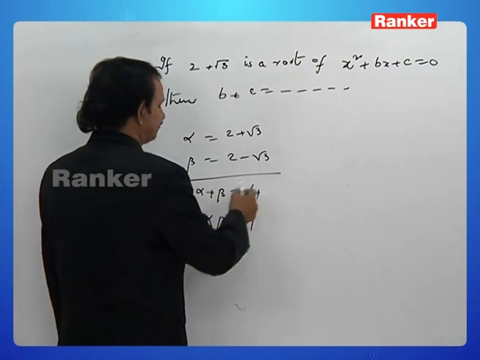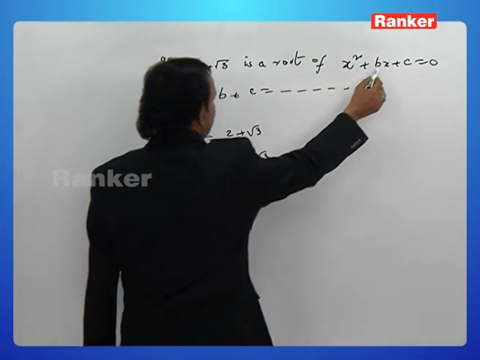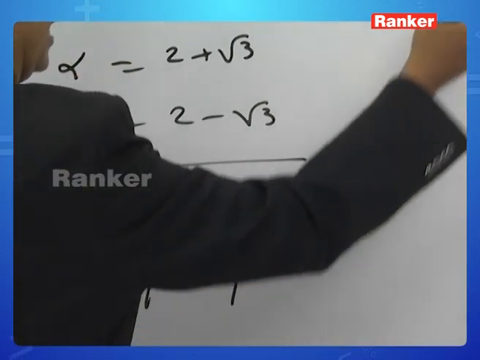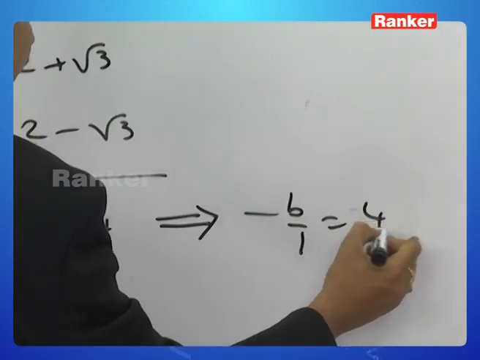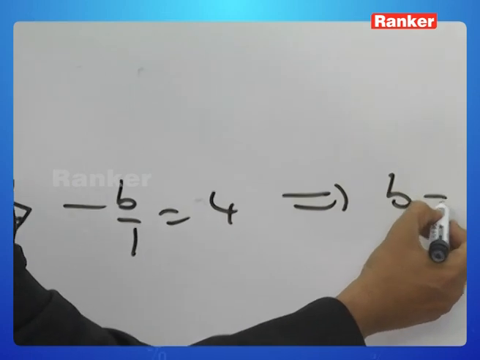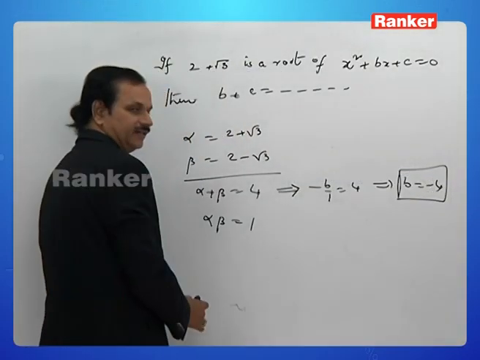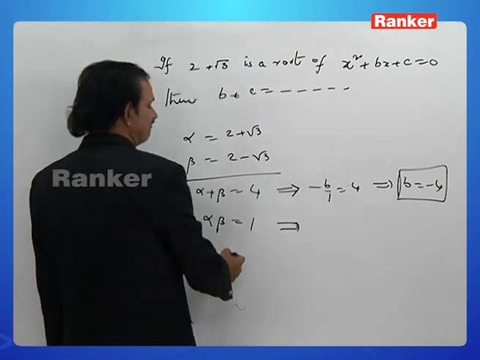Let us now encash these two. Alpha plus beta is 4. So, the sum of the roots is 4. But what is the sum of the roots here? Alpha plus beta is equal to 4 implies minus b by 1 is equal to 4. That is, b is equal to minus 4. Happy. Again, alpha beta is 1. What is alpha beta?